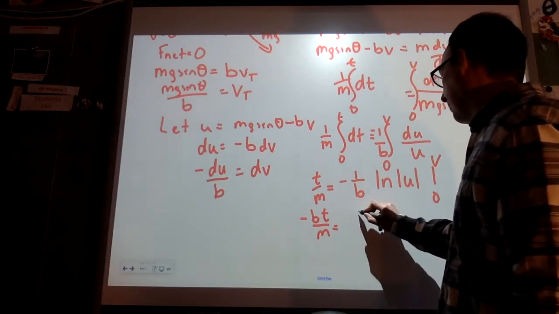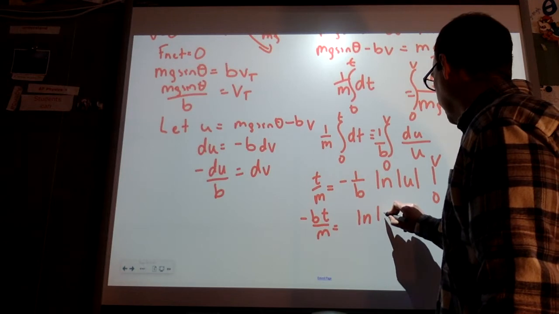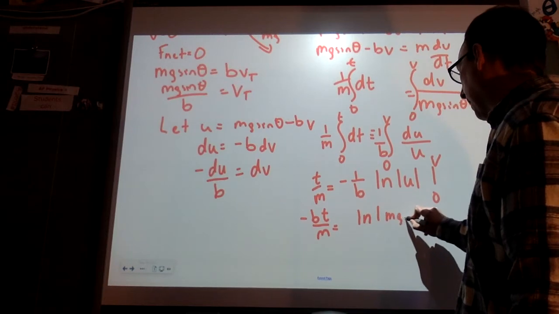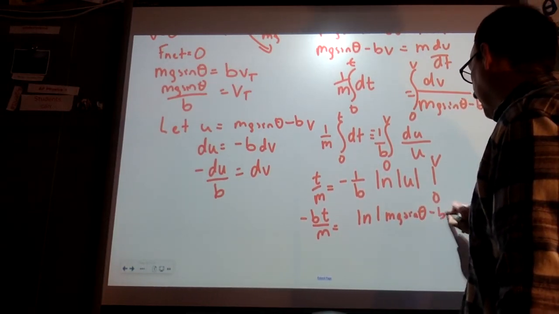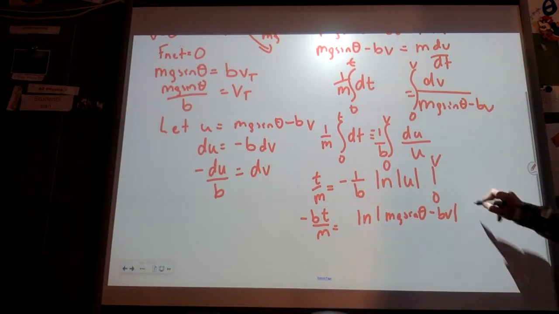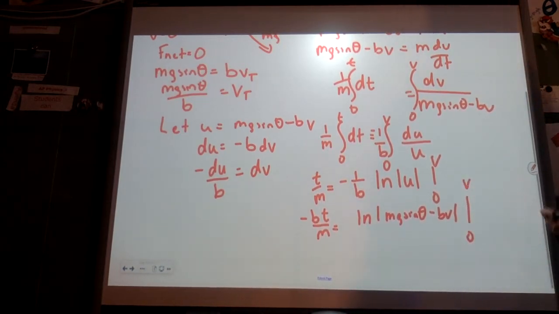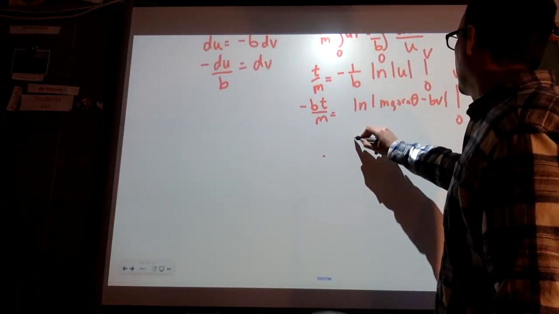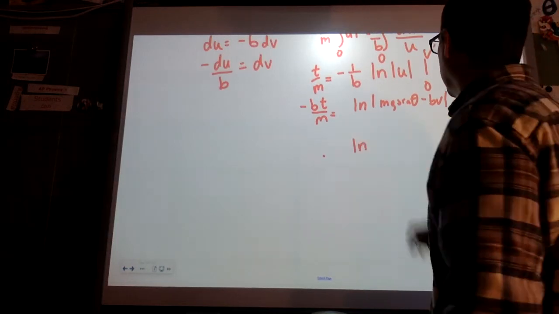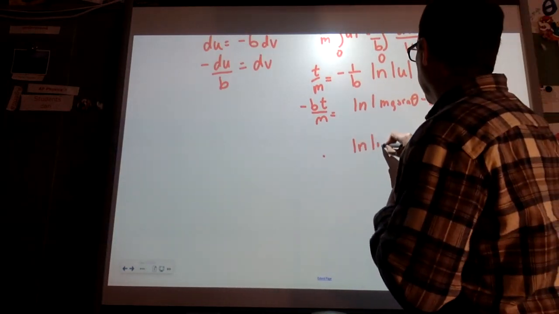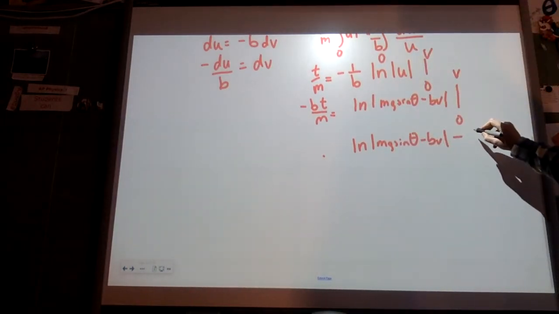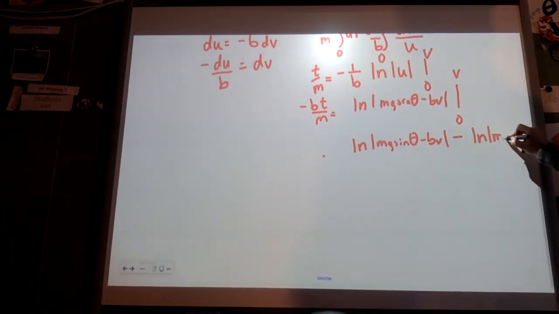And I'm going to have the natural log of, so I want to put back in for u, mg sine theta minus bv from 0 to v, and that's going to give me the natural log of mg sine of theta minus bv minus the natural log of mg sine of theta.